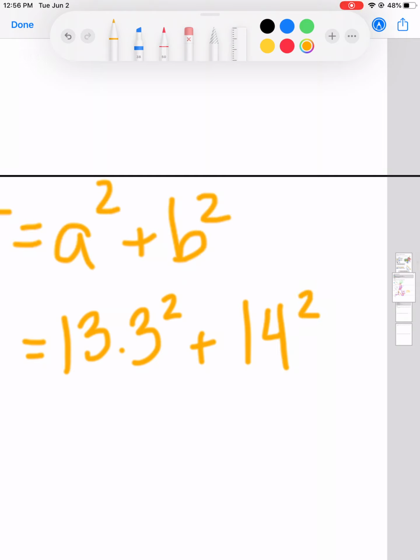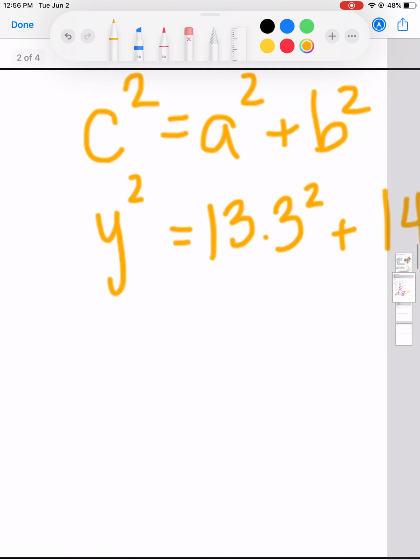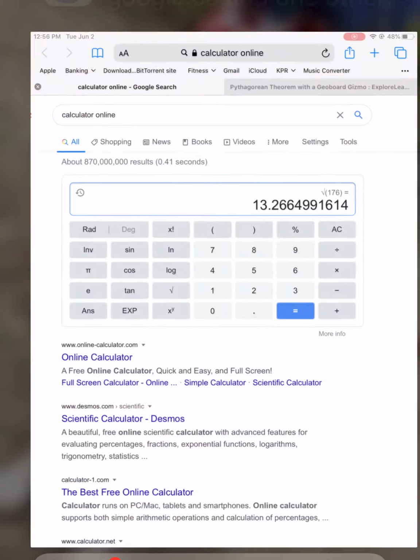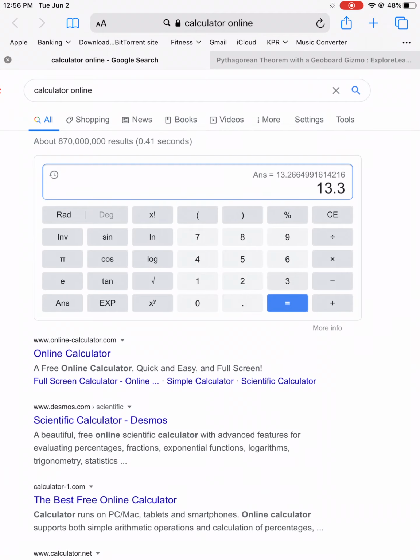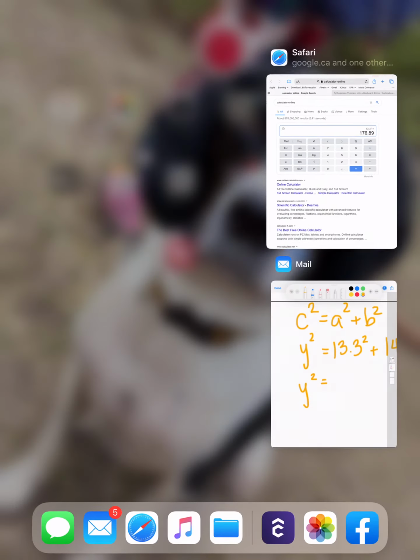So again, guys, you don't have to do as many steps as I do. If you want to do a little bit of a shortcut, you can. Okay. So, y squared. What's 13.3 squared? To the power of 2 is equal to 176.89.